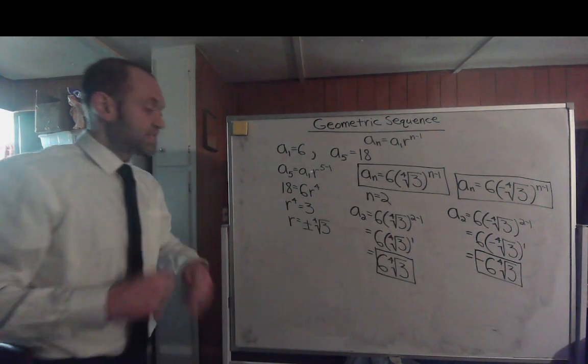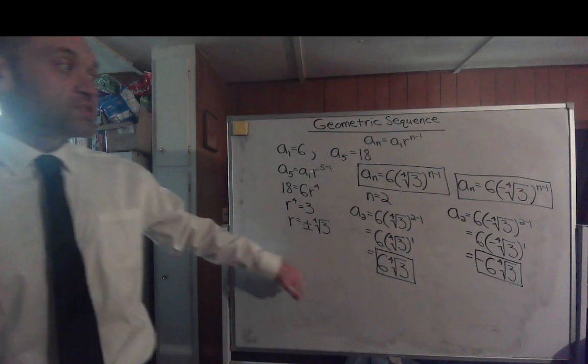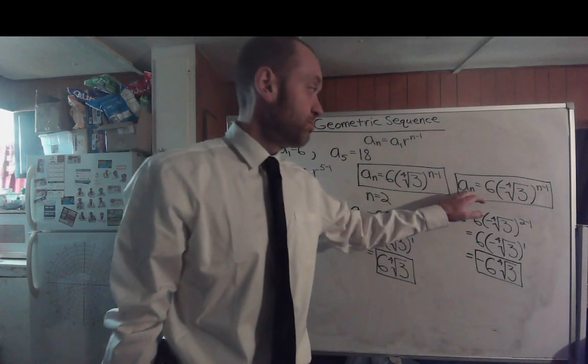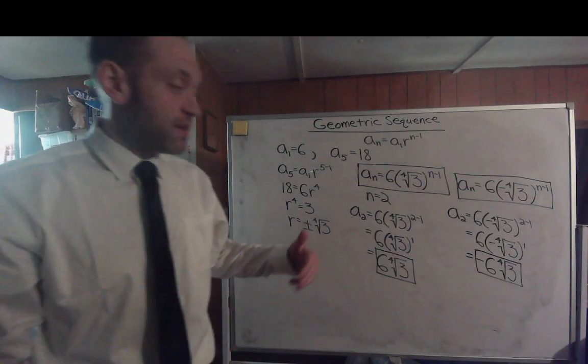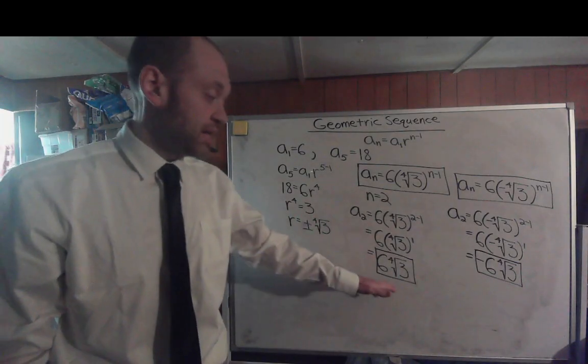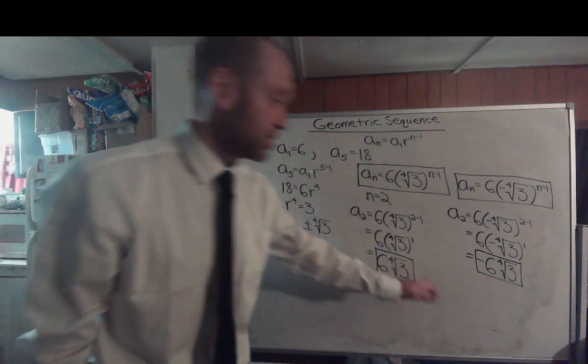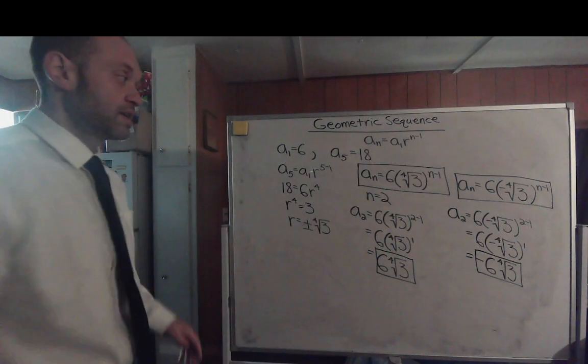So, based on having two common ratios, I have two possible formulas for the nth term of the sequence, and then, as a result, two possibilities for the second term of the sequence.